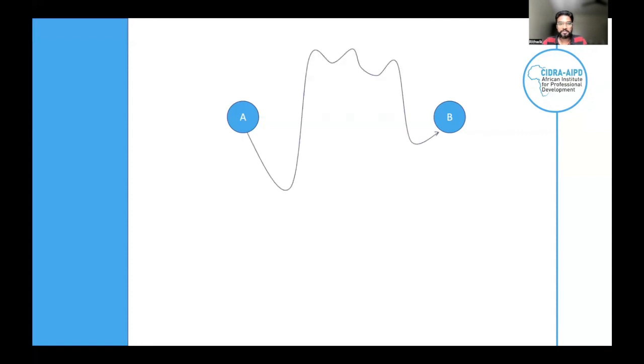But you could end up going this way. You go zig and then you zag, go here and there, and then eventually, although you reach B, you have wasted a lot of your resources, your time, fuel, things like that.